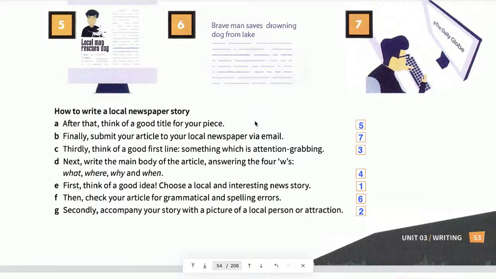Accompany means go together or put together. Like when you write a story, you need to add some pictures there. Okay? Like combine or add more or put them together. Let them go together, okay? Like that. So accompany your story with a picture. That means that you do not just write a story, you need to add a picture as well. Got it? What else?